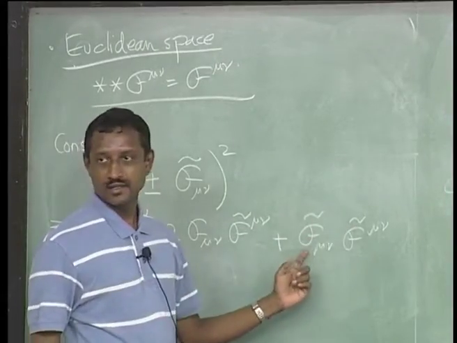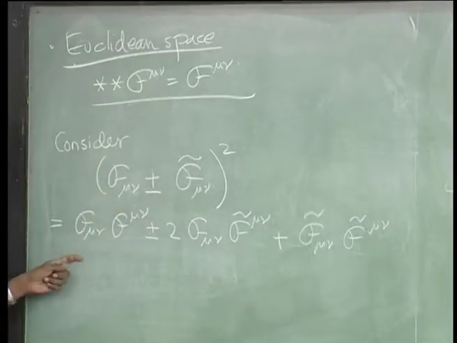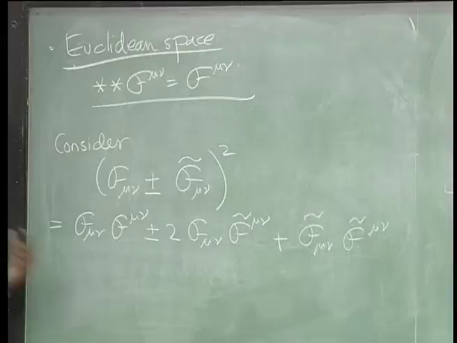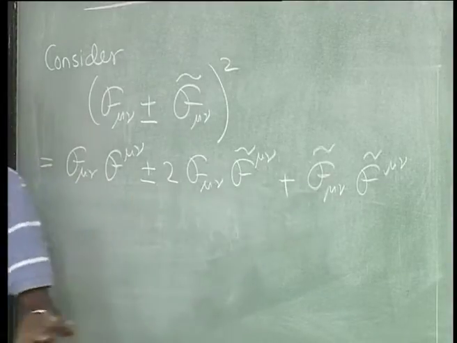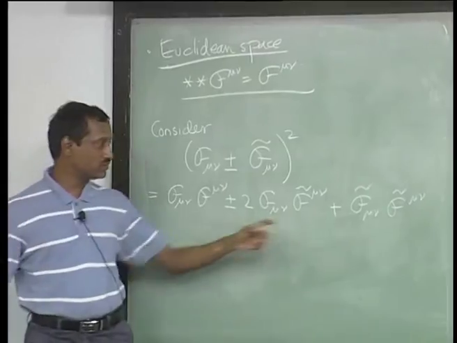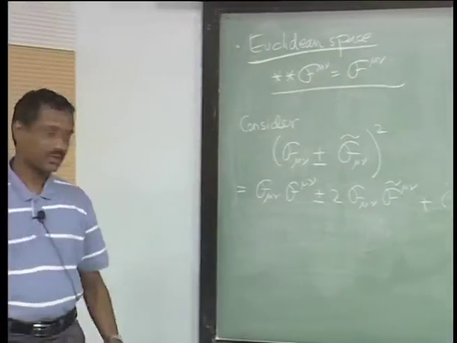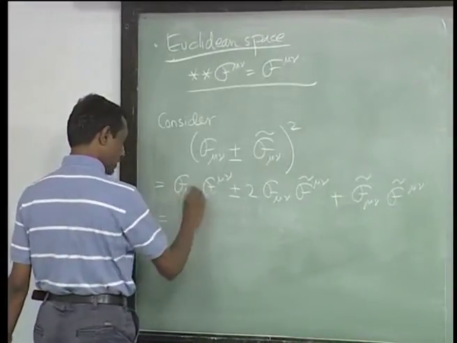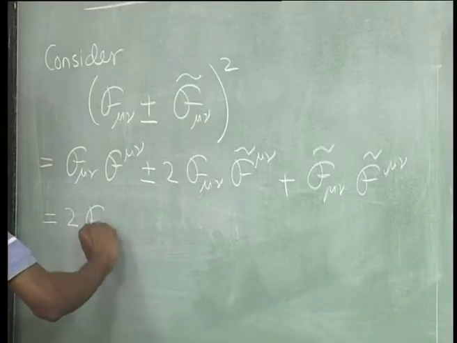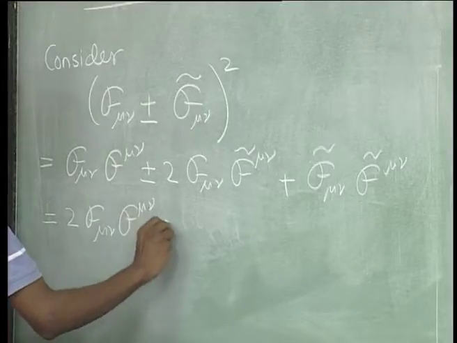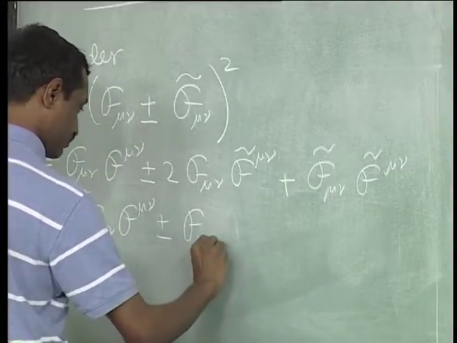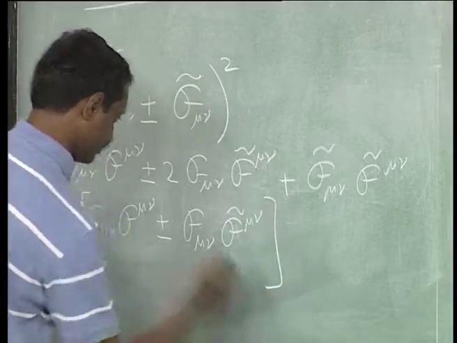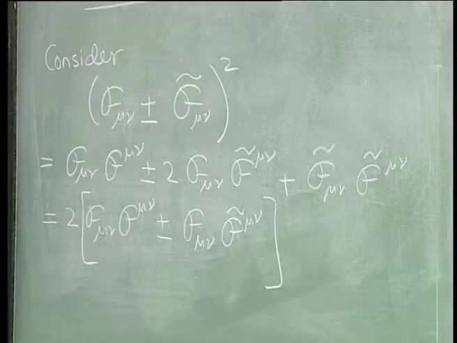If you look at f tilde squared, this is actually the same as f squared. Think about what happened: this quantity was E square minus B square in Minkowski, but it became E square plus B square. So you can see that exchanging E and B, even with the minus sign and all, it does not matter, these two will give you the same thing. So I can rewrite this as 2 times something.